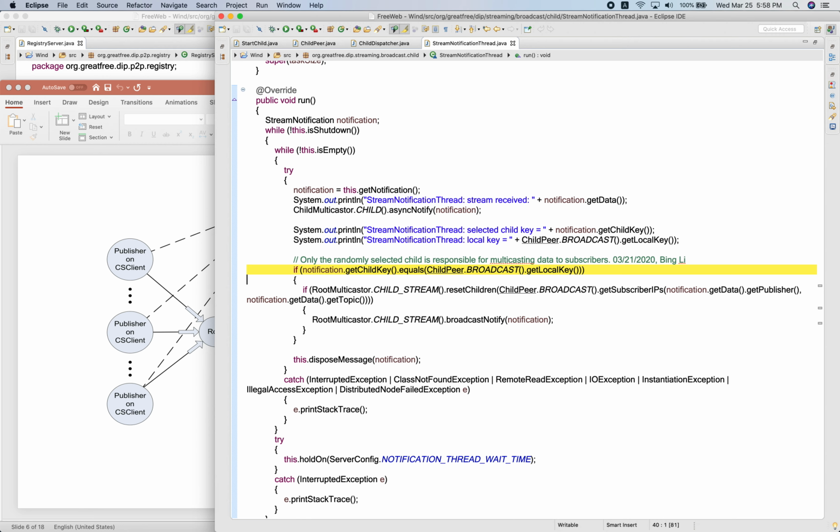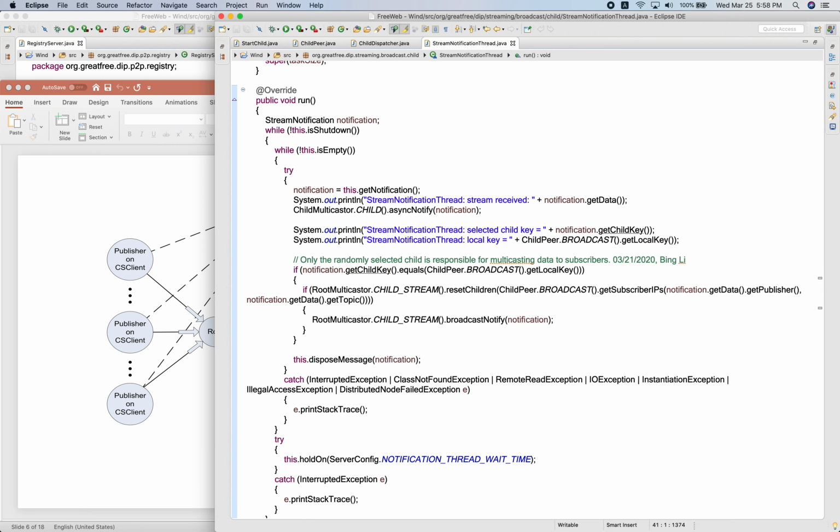Next, I need to detect whether this stream notification has a key. This is the child key selected by the root. I need to detect whether the child key is equal to the selected random key or not.